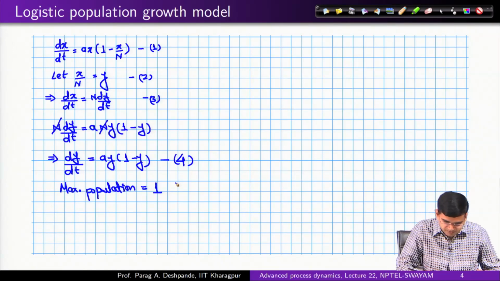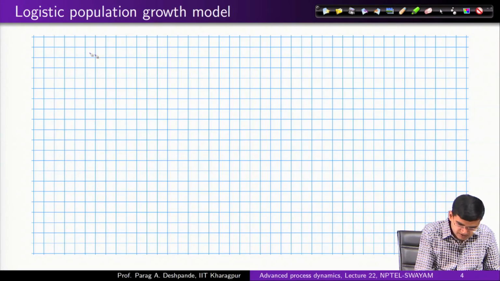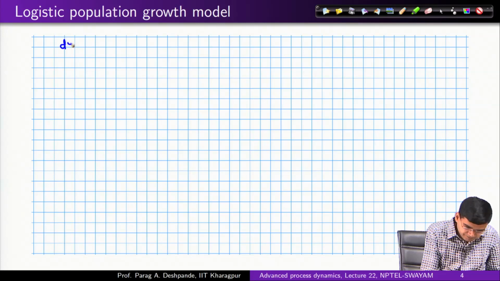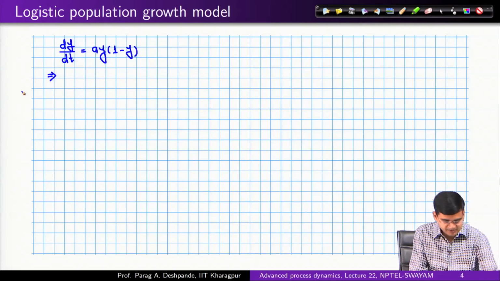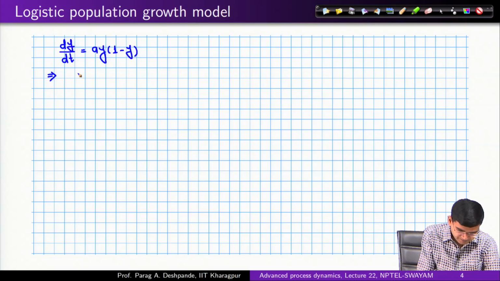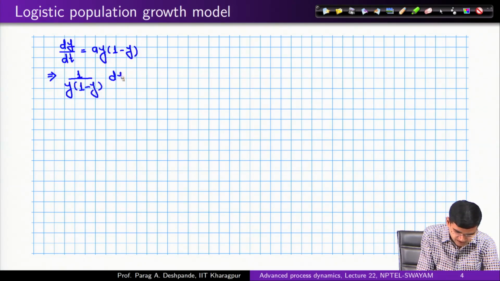So, let us try to solve this problem. So, I have dy by dt is equal to a y times 1 minus y, and I can solve this by first doing a rearrangement. I can write this as 1 over y times 1 minus y dy is equal to a dt.